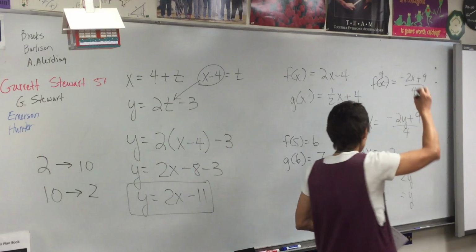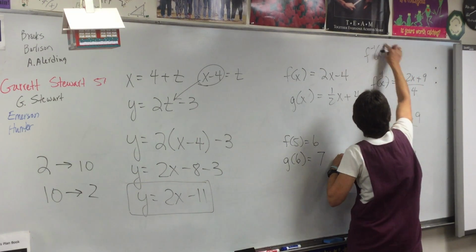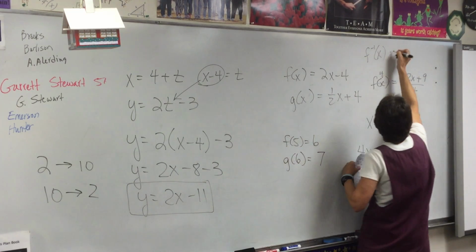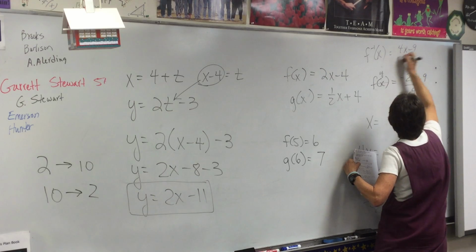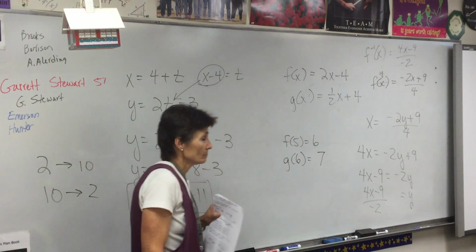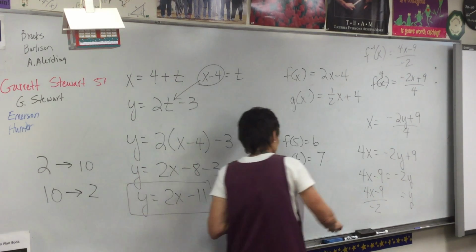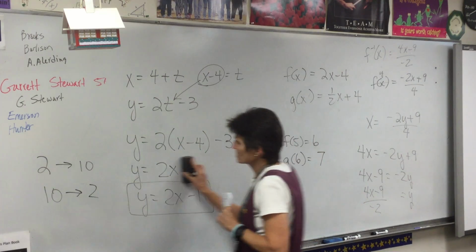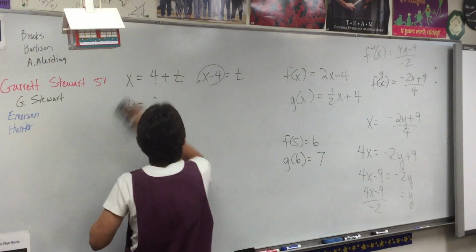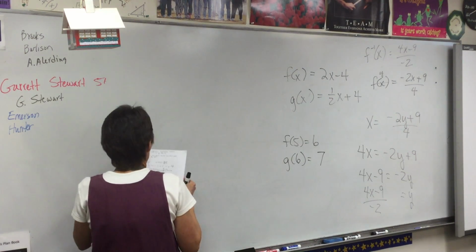So then the answer will say f inverse, that is our inverse notation right there, f inverse is 4x minus 9 over negative 2. So we switch the variables and solve. Don't forget to change the sign on the other one. Like both sides don't change, but the other one does.